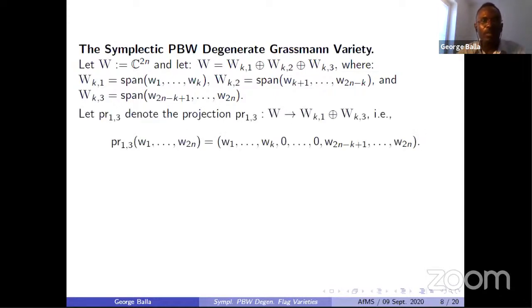Now let's consider this projection. We project along the second component, meaning everything in the second component will be sent to 0 while keeping the others.